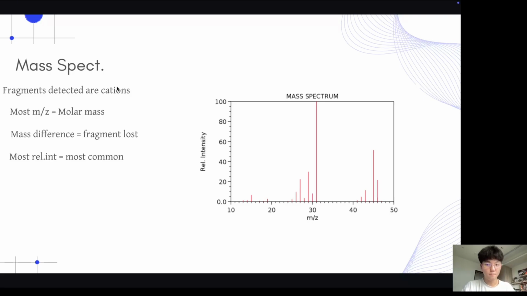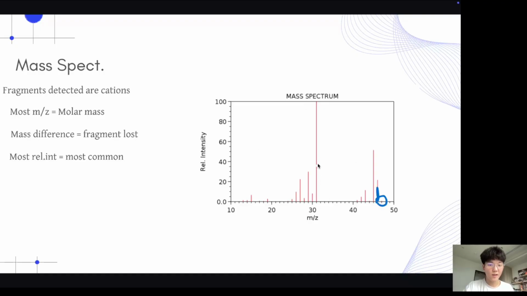Okay, so the mass spectrum detects the cations that are left, and the things that are gone, or the ones that we're trying to find, are neutral atoms. So the greatest mass is going to be our molar mass for this one right here at 46. And if you see this little signal here, just ignore it. It's due to isotopes.